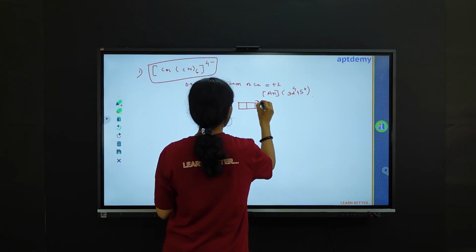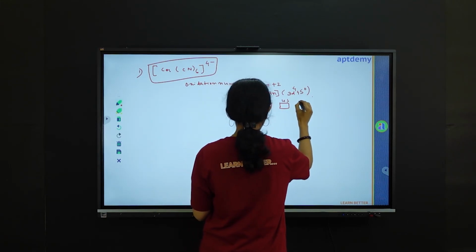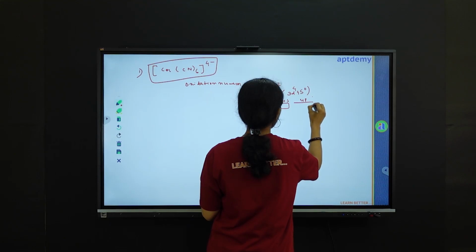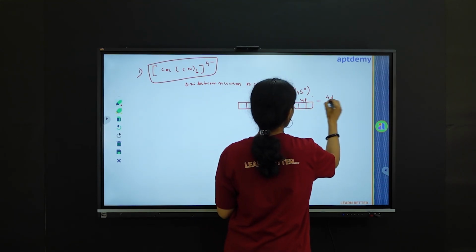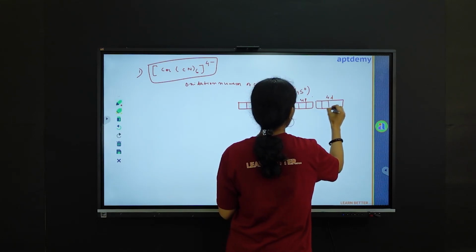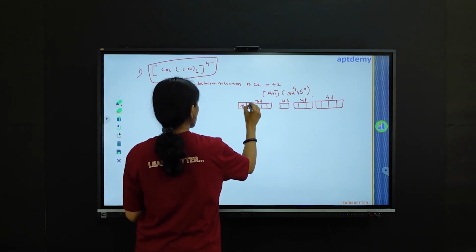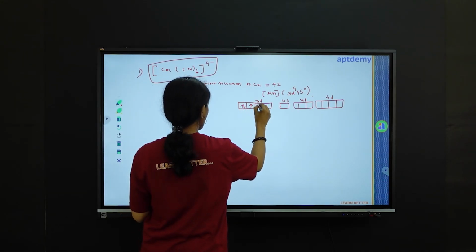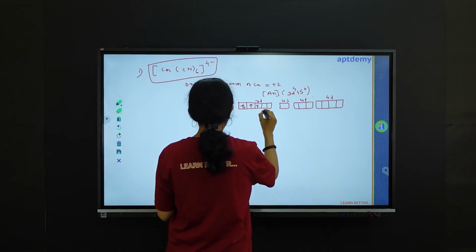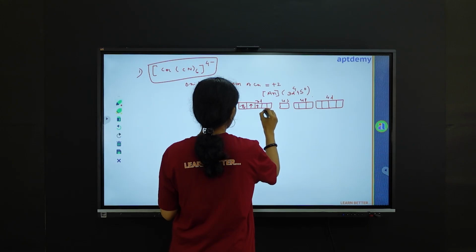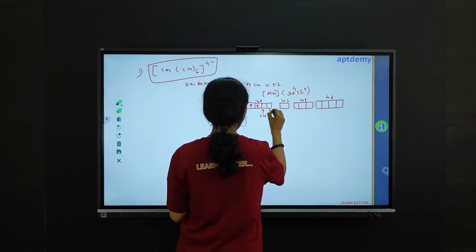This is your 3d orbital, 4s, 4p and 4d. So 3d orbitals will have 4 electrons, right? 4s will remain empty, and the CN- ligands are attached in the following manner.